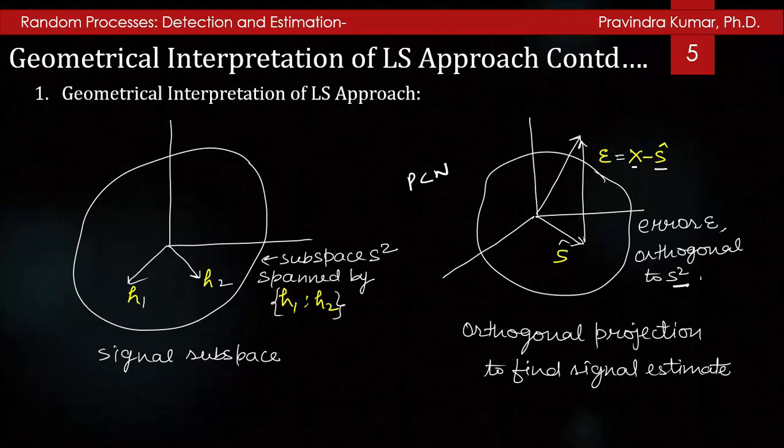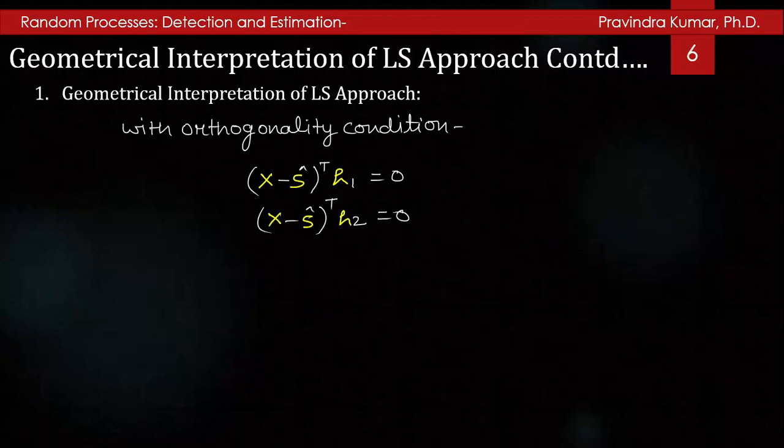In other words, s cap is the orthogonal projection of x onto S^2. It makes the error vector x − s cap orthogonal to all the vectors in S^2, and two vectors in R^n are defined to be orthogonal if x^T y = 0. So using the orthogonality condition, we will have (x − s cap)^T h1 = 0 and (x − s cap)^T h2 = 0, where x − s cap is the error vector.